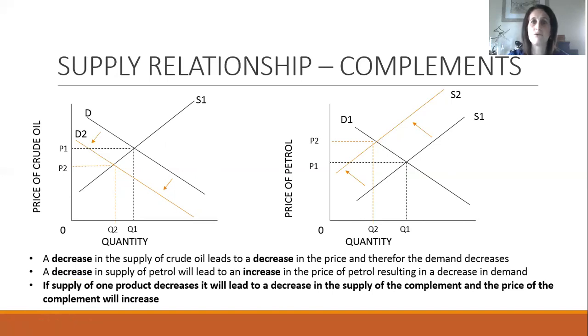So the demand for petrol has decreased as well. And if supply decreases, price increases. So the demand for the product has decreased, supply of that product has decreased, but it has led to an increase in price of that product.